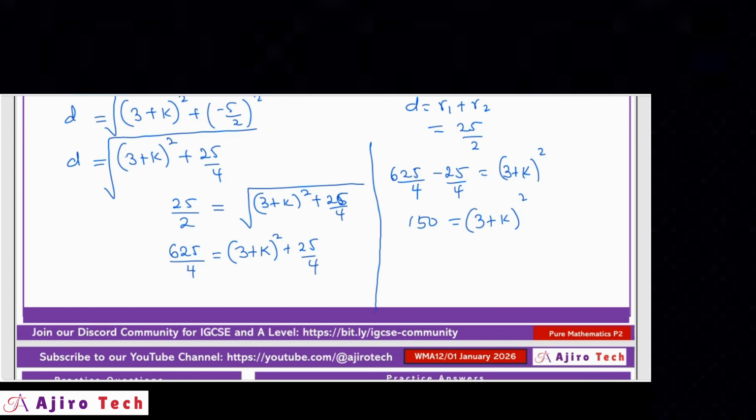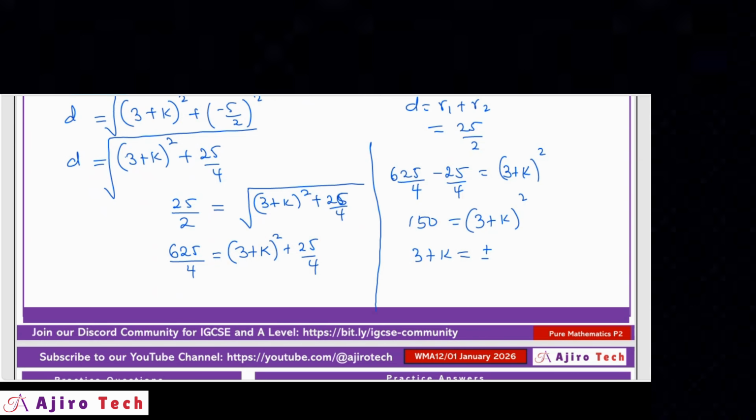So if we find the square root of both sides, we have 3 plus k equals plus or minus square root of 150. What's the square root of 150? That should be in surd form, I think. Okay, so let's punch our calculator.